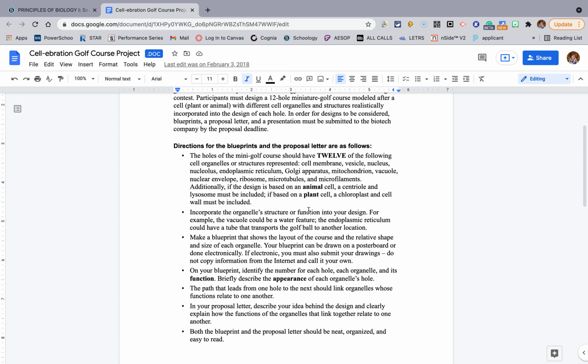Okay. So the holes of the mini golf course or the rides of the amusement park should have 12 of the following cell organelles or structures represented.